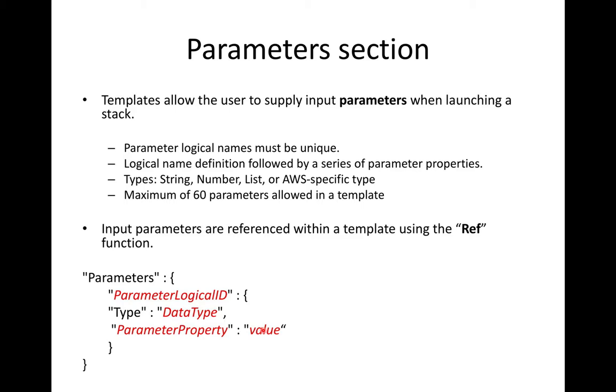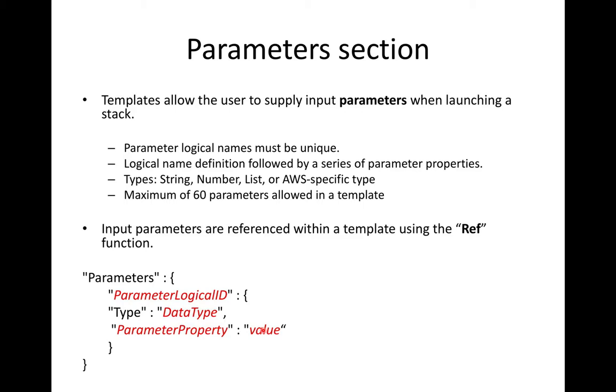And that's really useful because you can create this generic stack that is used to create multiple environments, like a test environment and a production environment. And by changing the value of the input parameters, you can create different environments with slightly different configuration.